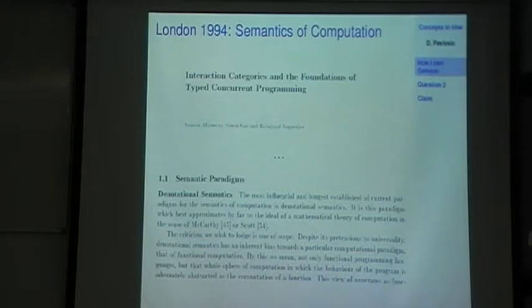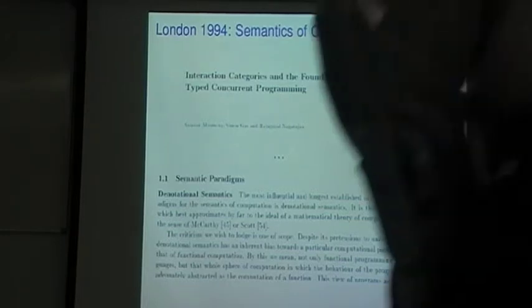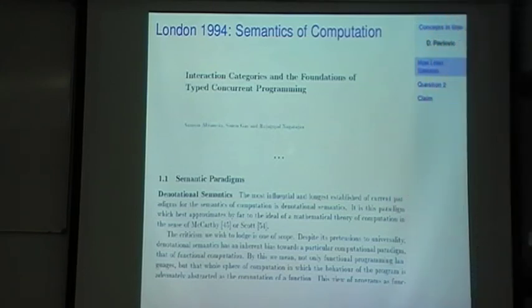I knew that category theory was helping us with abstract structures, and interaction categories were sort of intended to. On one hand, there was this part of computer science where category theory was harvesting abstract structures from computation. That was the denotational semantics, and it was sort of capturing the functional view of computation.